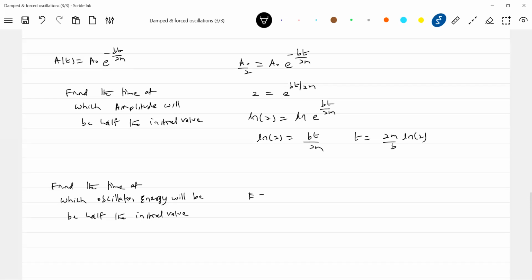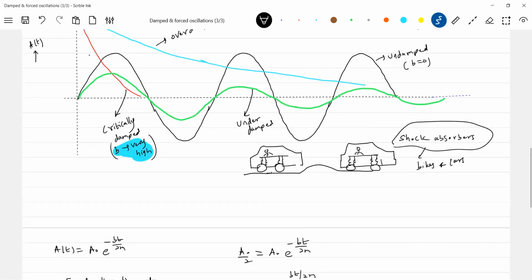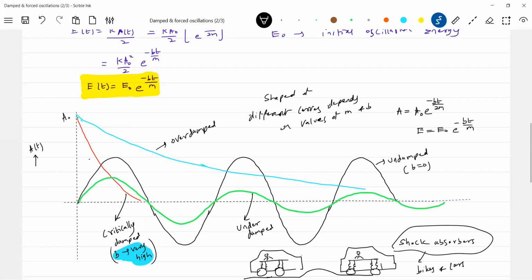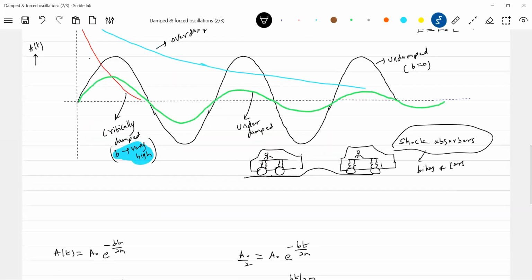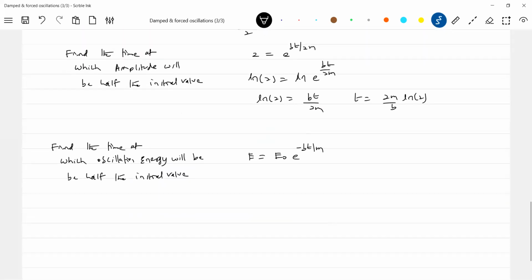We know E equals E naught e to the power of minus bt by m. The yellow color shaded one, that only I brought. After what time will the energy become half of the initial value? So this will become E naught by 2 equals E naught e to the power of minus bt by m. Taking log on both sides.